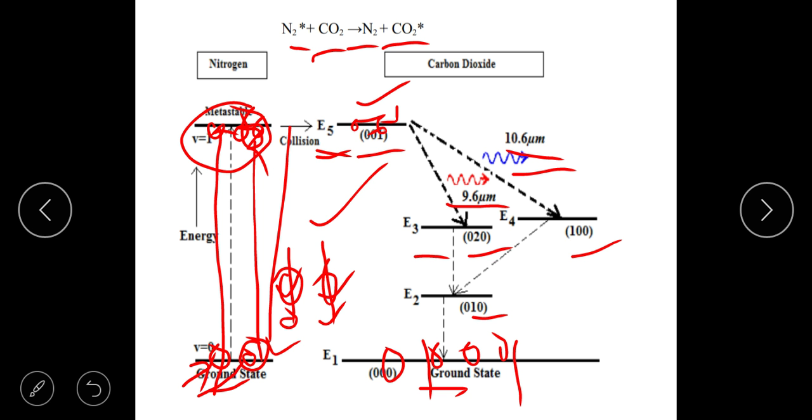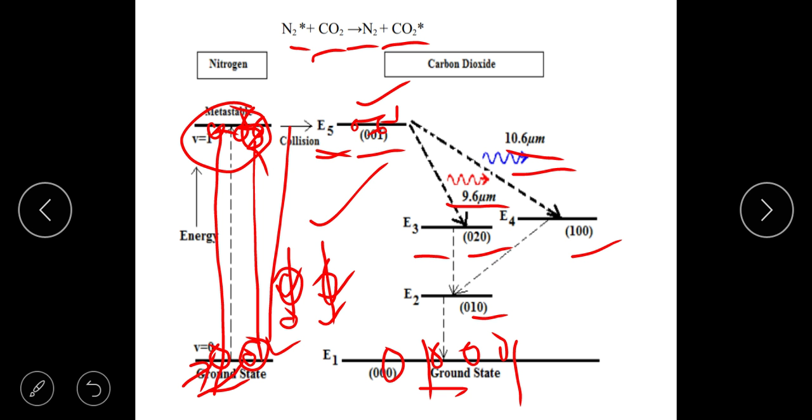Now E3 and E4, after going here and coming here, are the levels where the atoms are living in. The transition from E4 and E3 levels to E2 level occurs through the collision with ground state molecules.